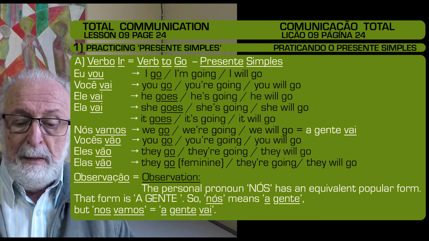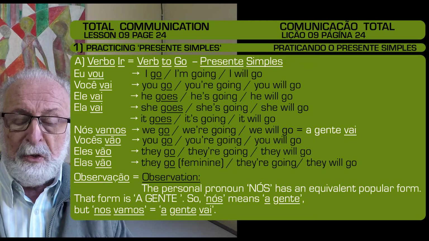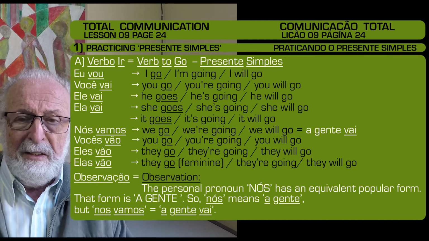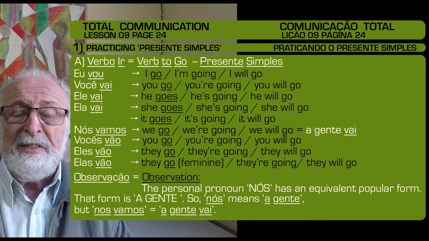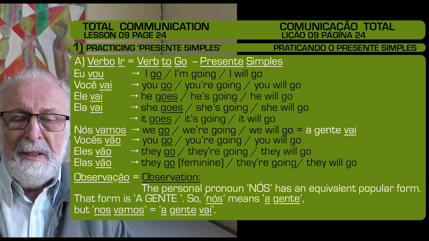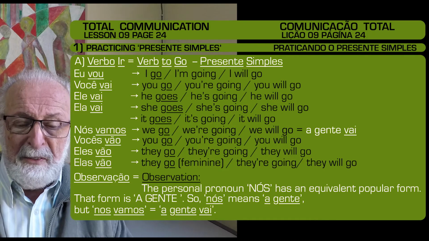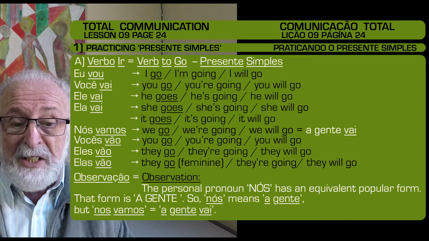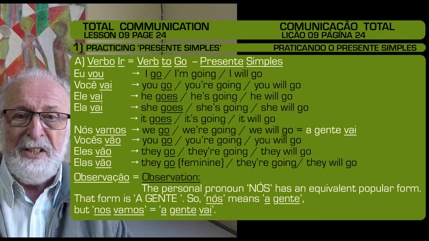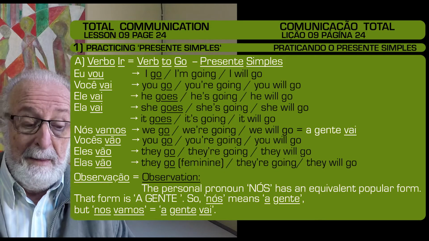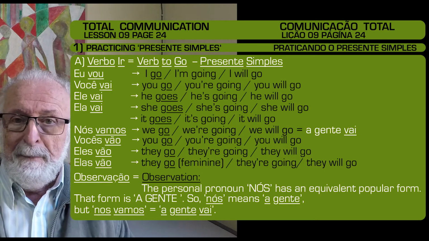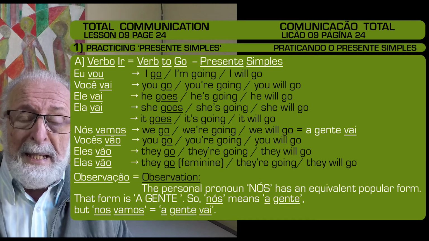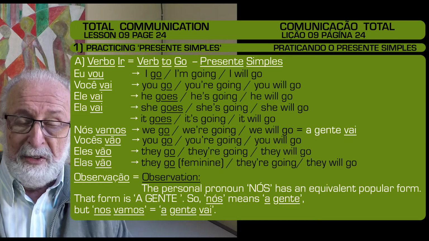You have not to consider the two words a gente separately, because gente, separated, means the people, the persons. A gente is the same as we, but the conjugation is different. We say we go, nós vamos in Portuguese.